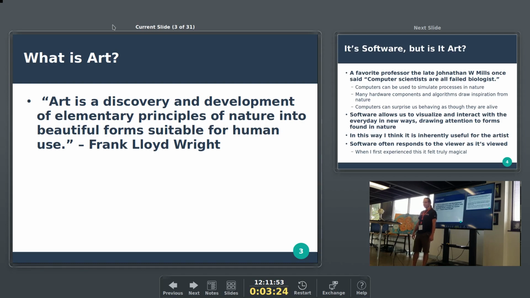I think my definition would be much more broad than that, but what I really like here is this bit about discovery and development of elementary principles of nature, because I think that ties back to a lot of what we do as computer scientists and what you study in computer science, and really gets at the heart of why I think they are so related and go so well together.